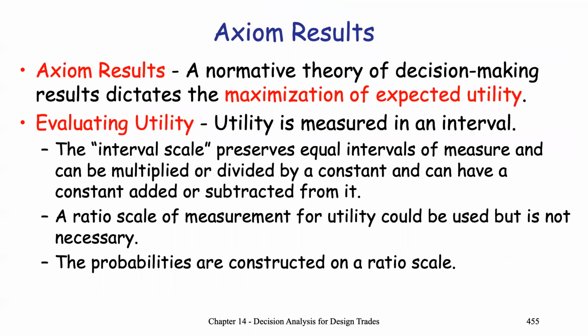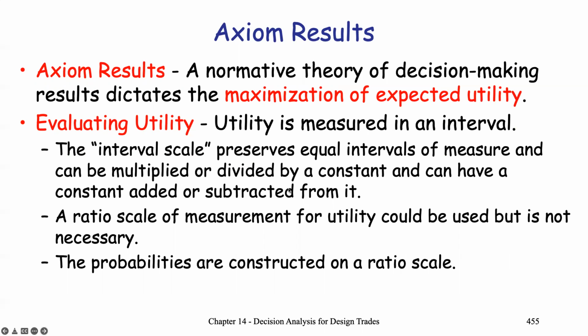So for axiom of results, the normative theory of decision-making indicates the maximization of expected utility. So we want to be looking at the utility for various alternatives and then evaluate them. So utility is measured on an interval scale.